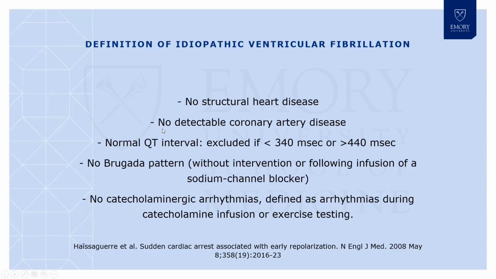They defined idiopathic VFib with very strict criteria: much like our patient, somebody with no structural heart disease, no CAD, normal QT interval, no Brugada pattern after infusion of a sodium channel blocker, and no catecholaminergic arrhythmias.